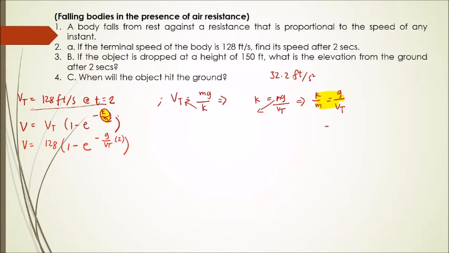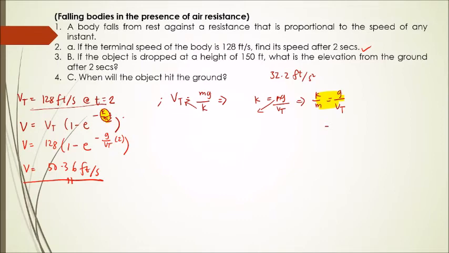So, when we calculate this, this will be the velocity after 2 seconds: 50.36 feet per second. So, this is the first question answered.